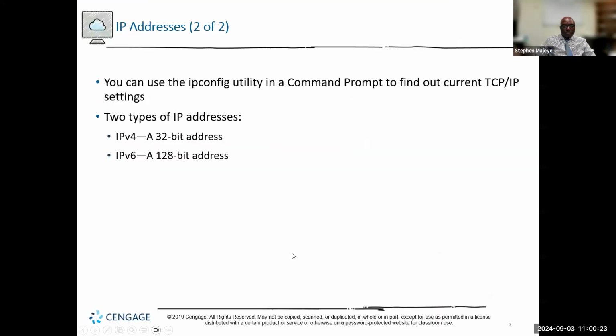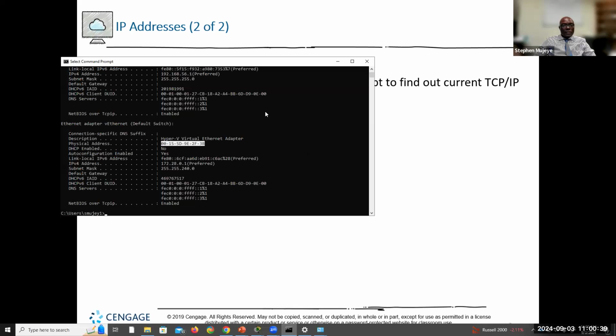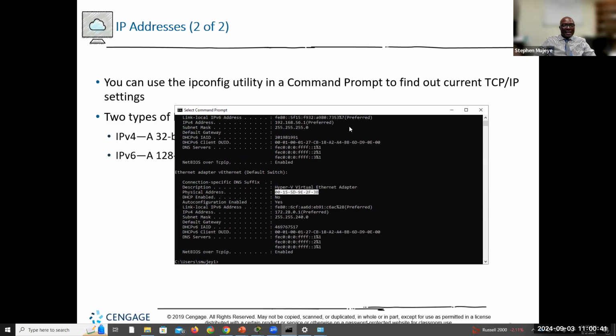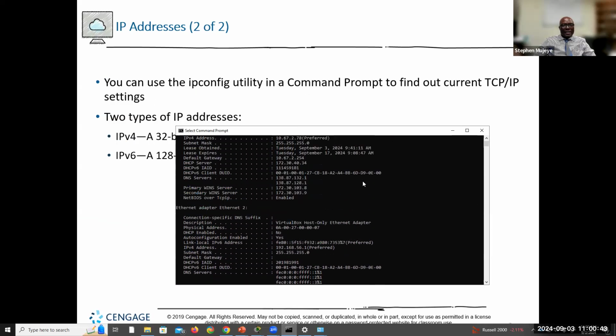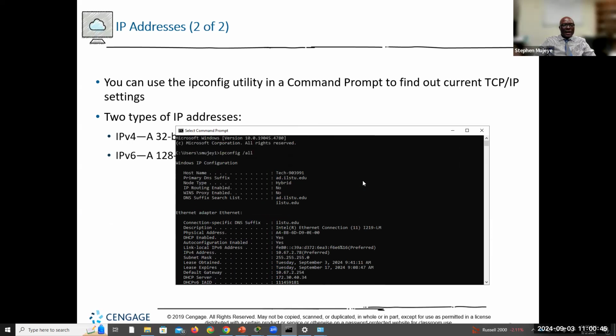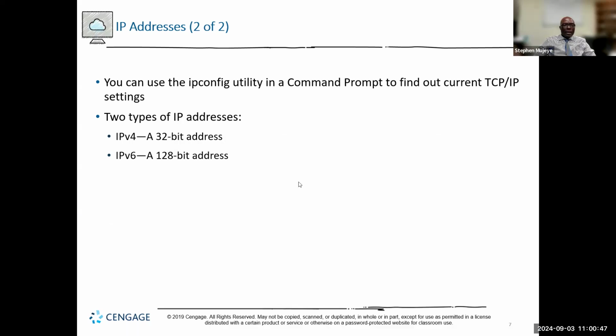Right, so let me get back here. And then you can use the ipconfig utility in the command prompt. I think I showed you to find out current TCP/IP settings. This is the command prompt right here. It shows you the current settings of this device that I am on.